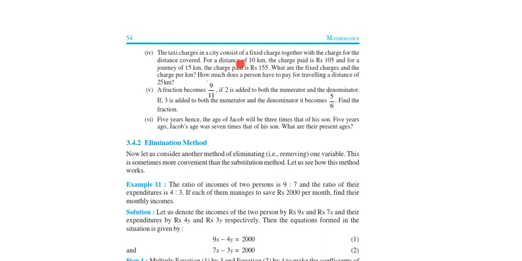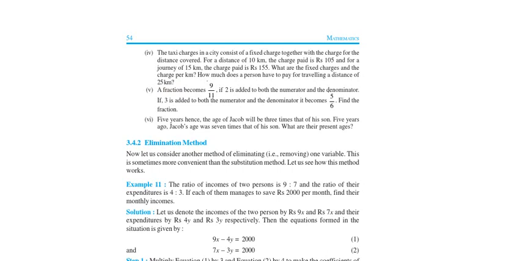For a distance of 10 km, the charge paid is rupees 105, and for a journey of 15 km, the charge paid is rupees 155. What are the fixed charges and the charge per kilometer? Second thing, how much does a person have to pay for traveling a distance of 25 km?